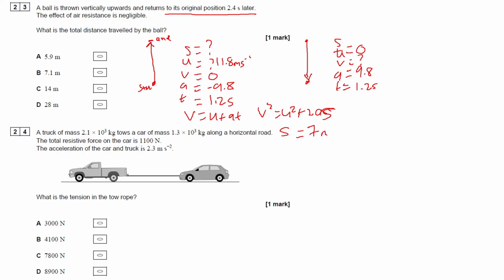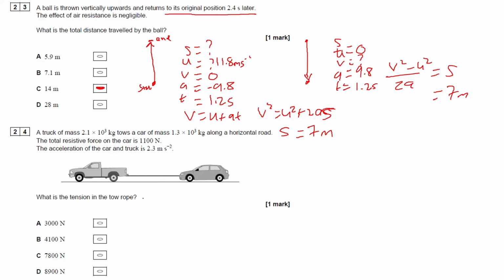So that distance is 7 meters, and therefore since the distance coming down is the same, I'll get the same value of 7 meters. If you wanted to, you could use this side of the journey to do the calculation, where v squared minus u squared over 2a equals s, I could have got 7 meters here as well. Okay, so in total it's 14 meters travelled.